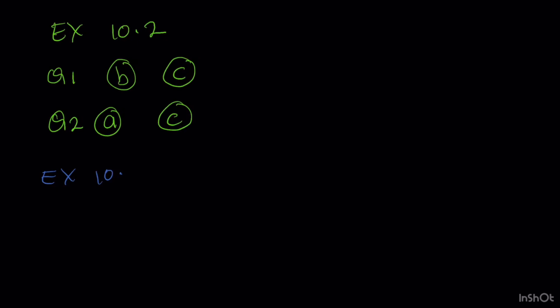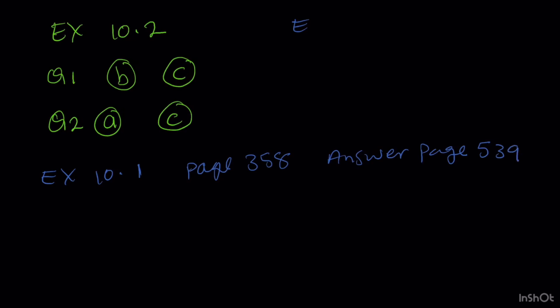Did I tell you about exercise 10.1? No? Okay. Exercise 10.1, this is page 358. And the answers are on page 539 in your book, basically, just to make life easier for you to check whether your work is correct or not.